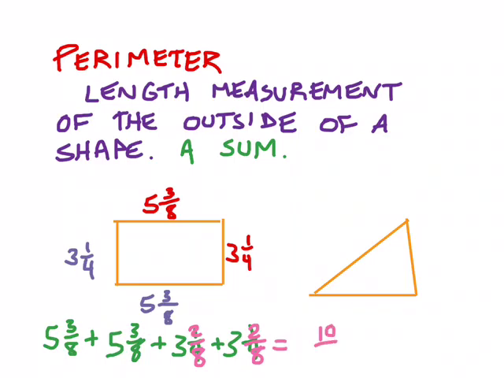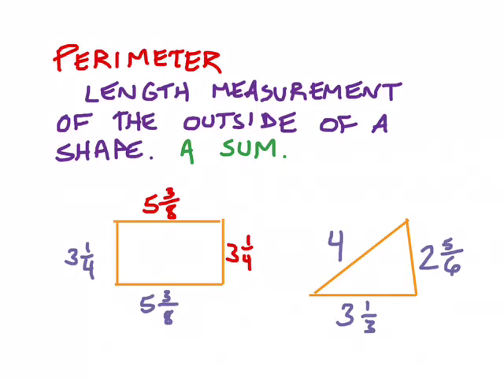So I have 10 8s total. And then I've got 5 and 5 is 10, and 3 and 3 is another 6, so 16 and 10 8s. That's an okay answer. It is the total, but it's not in proper form. I have that improper mixed number there. So I'm going to pull 8 8s from my 10 8s, and I'll make it 17 2/8, or 17 1/4. And that would be the total perimeter for that rectangle.